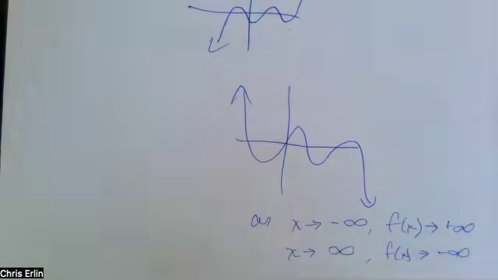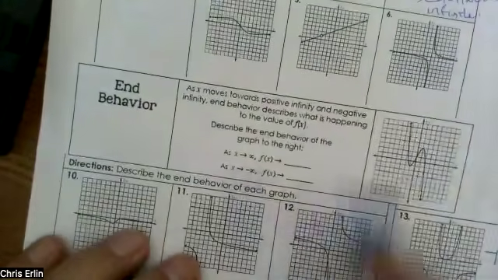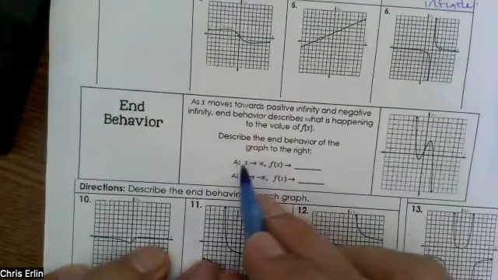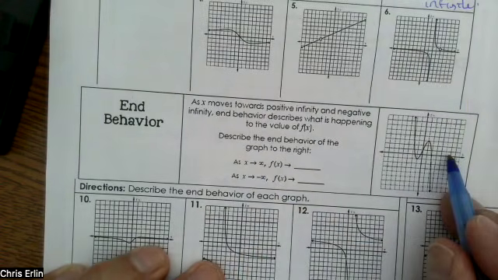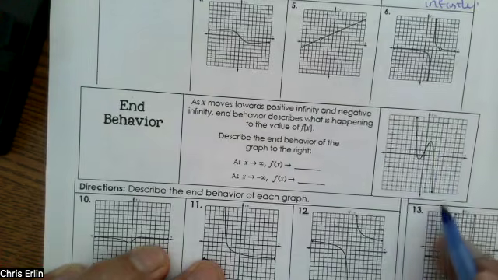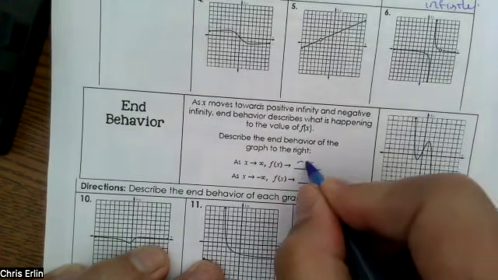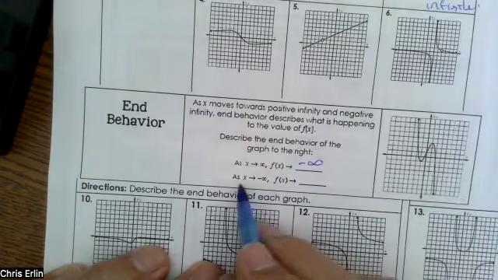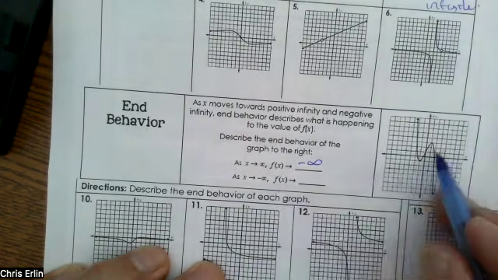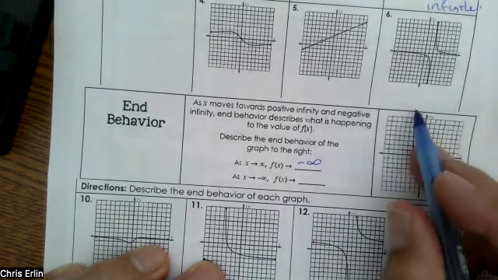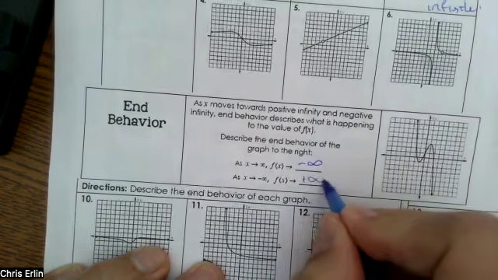Negative infinity. Okay, good. That's what this piece is all about. So looking at this one, as x approaches positive infinity, what does f of x approach? Good, negative infinity. And as x approaches negative infinity, I would do this the other way normally. What does f of x approach? Positive infinity.